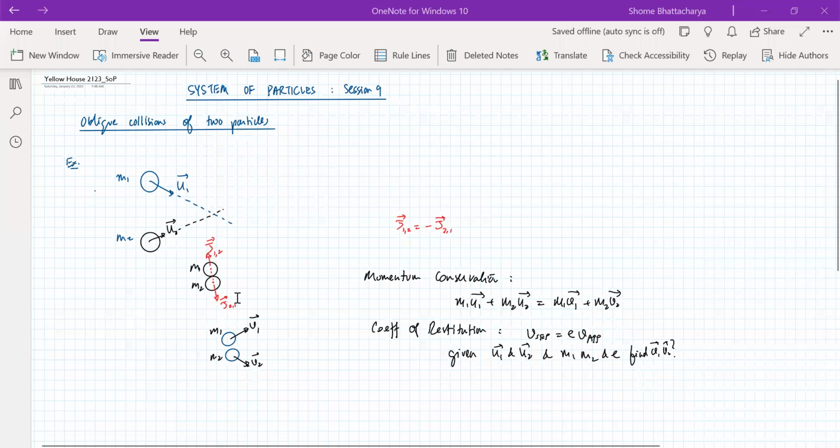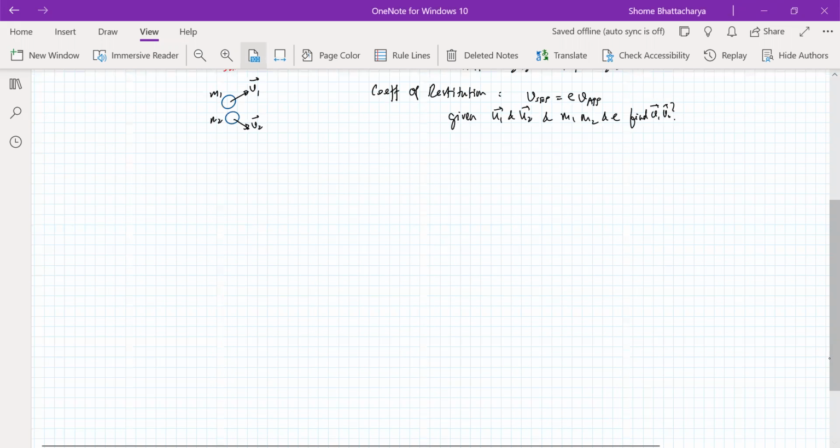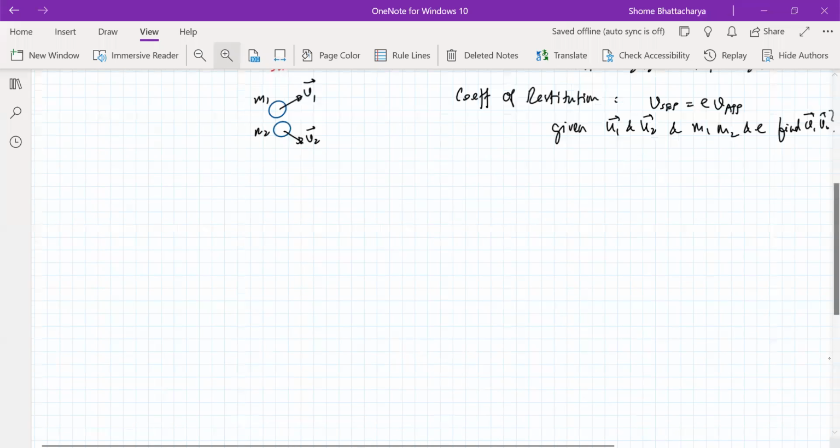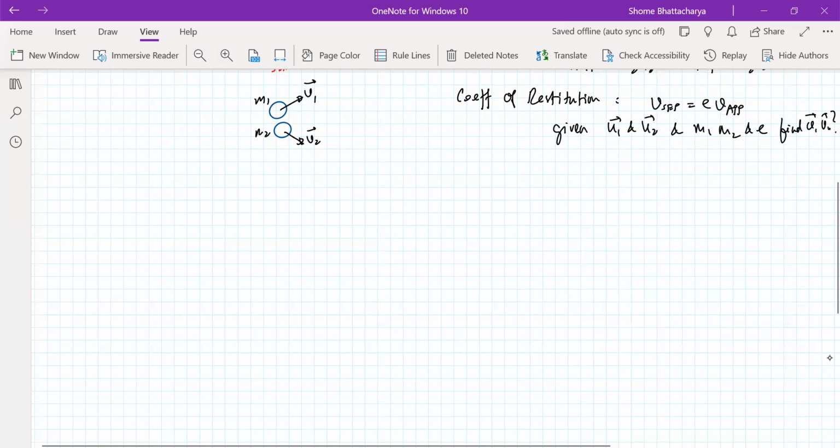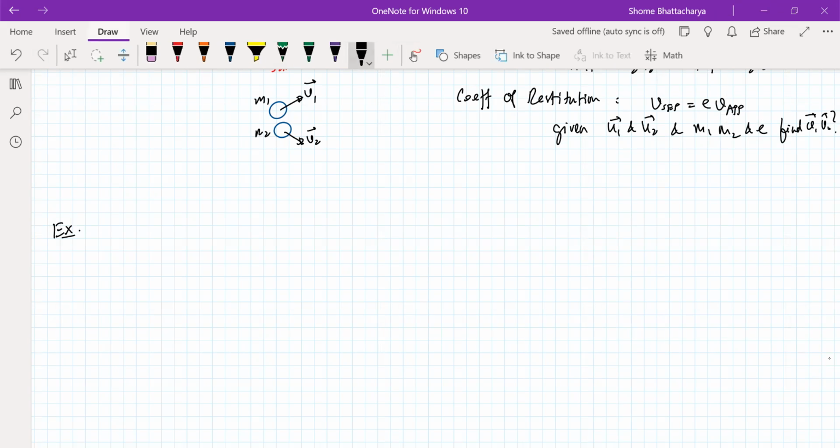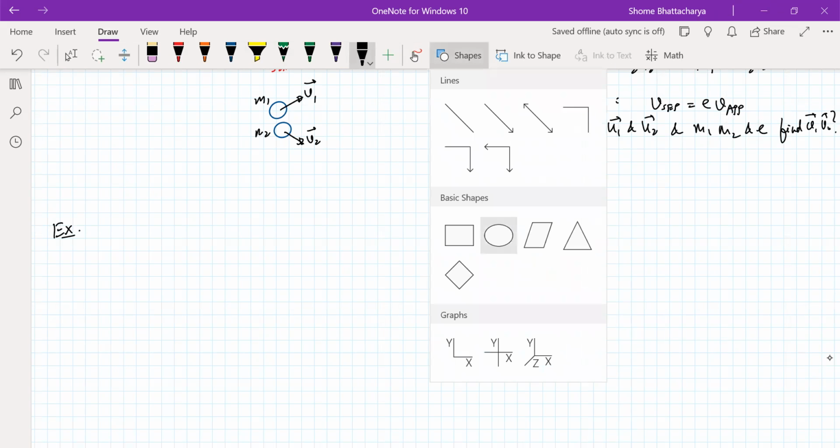Okay, so let's understand with an example how this works out. Okay, so the easiest level of question is such that just momentum conservation needs to be applied, because the rest of the things are quite simple.